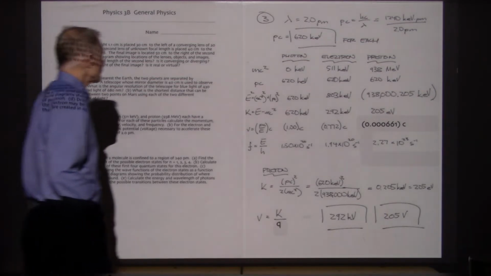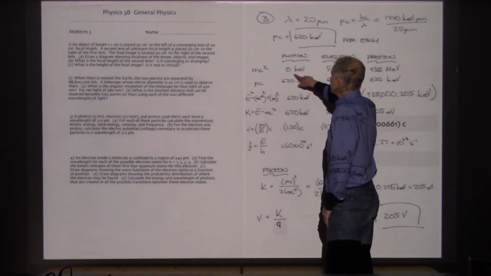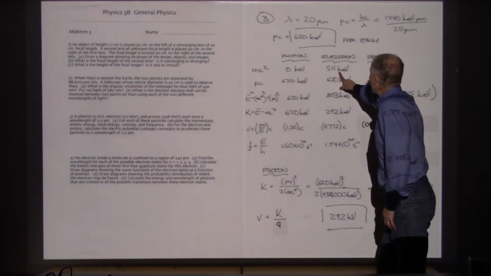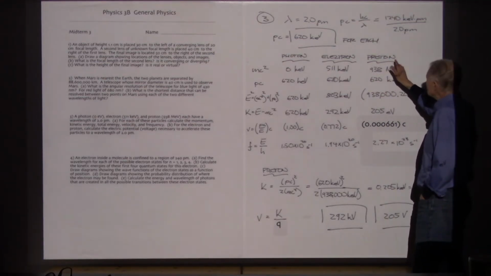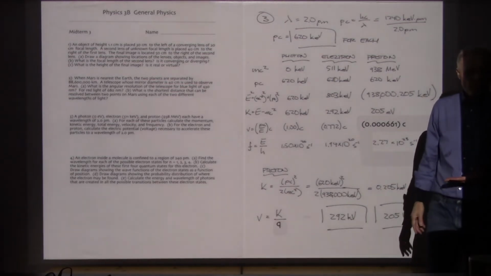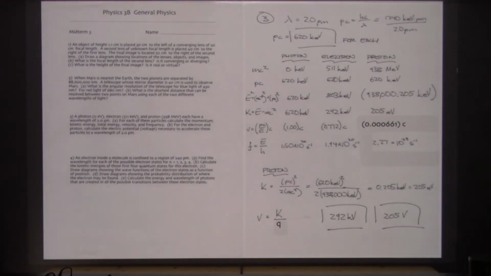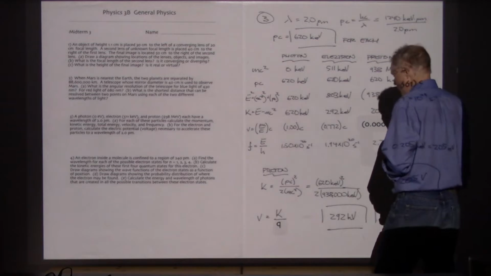So the mass of the photon is written as 0 keV. The electron is 511 keV. The proton you could write as 938 MeV, or you could write it as 938,000 keV. That might create problems with significant figures, so I'm going to hold off on that and just stick with 3 sig figs.